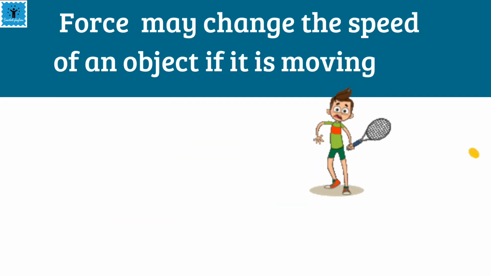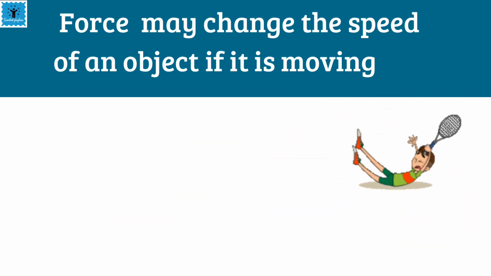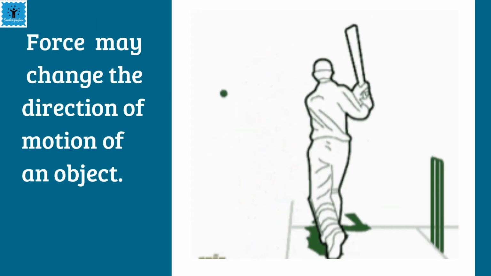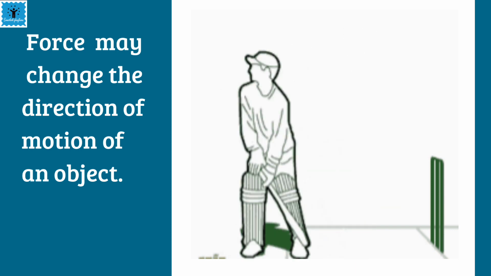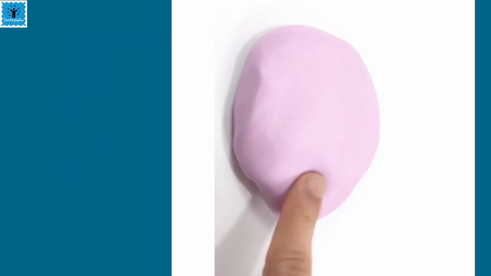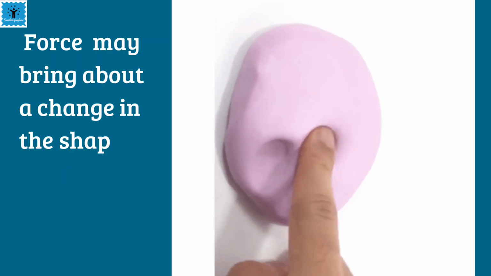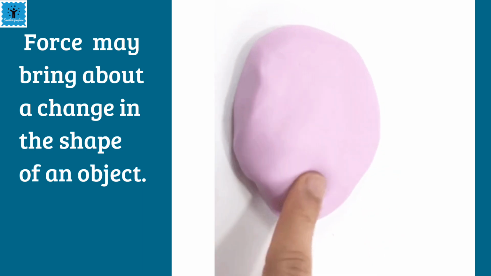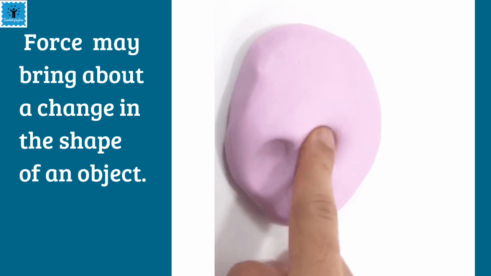In tennis, the player hits the ball with his racket and increases its speed. Force may change the direction of motion of an object too. In cricket, the batsman hits the ball with his bat and increases its speed as well as changes the direction of the ball. Force may bring about a change in the shape of an object. For example, when you press the Play-Doh with your finger, its shape will change.